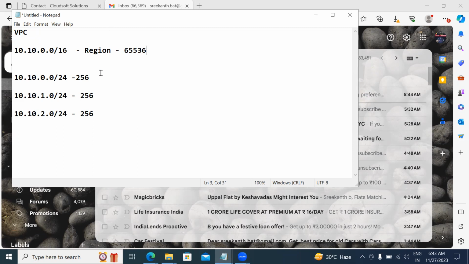Here, how many IPs have been given? 256, 256, 256, around 762 like that. But we still have more than 60,000 IPs we can use. Whatever we have assigned to the VPC, within that range of IPs itself we are assigning to subnets. Are you able to understand? Even we can assign more subnets until those 65,536 are exhausted.